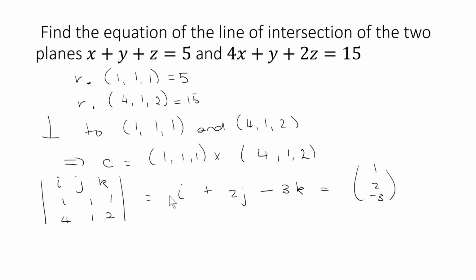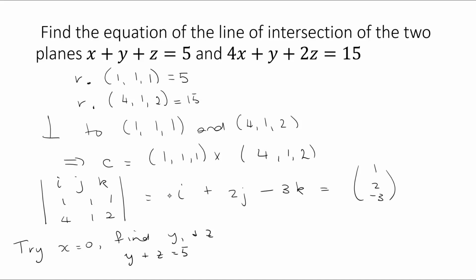Now we need to find some x, y, and z values. And if we start off with trying x equals 0, and then we can find y and z. So that will give us that if x is 0, then y plus z equals 5.